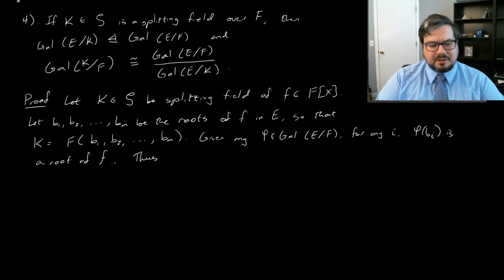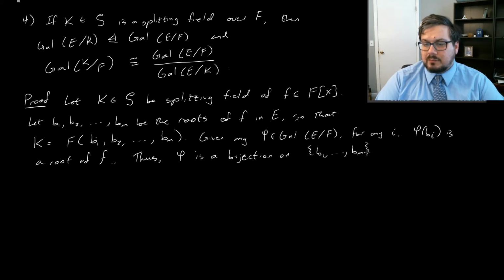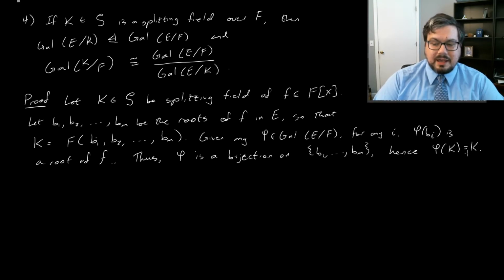Thus, phi is a bijection on the set B1 up through Bm. And hence, we have that phi of K equals K.